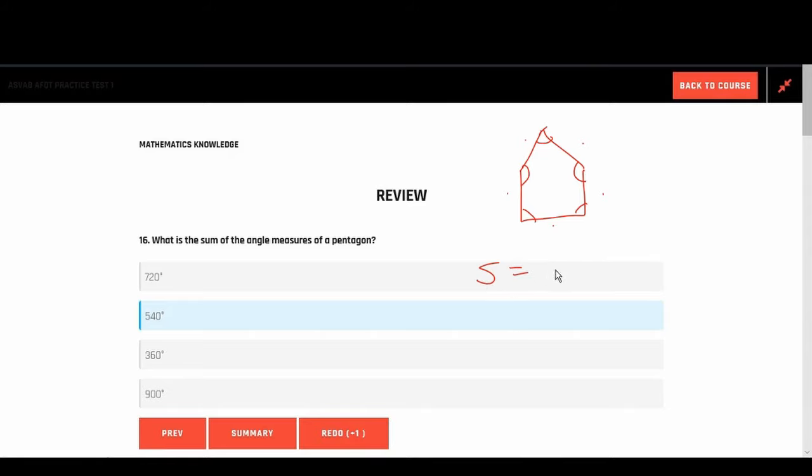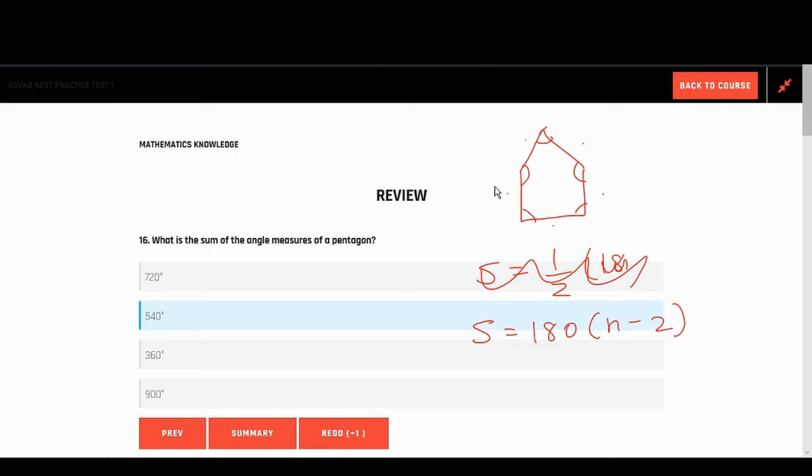The sum is going to be, what is it? Sorry about that. Even I forget this formula sometimes. The sum of the angles is going to be 180 times n minus 2, where n refers to the number of sides in the figure.